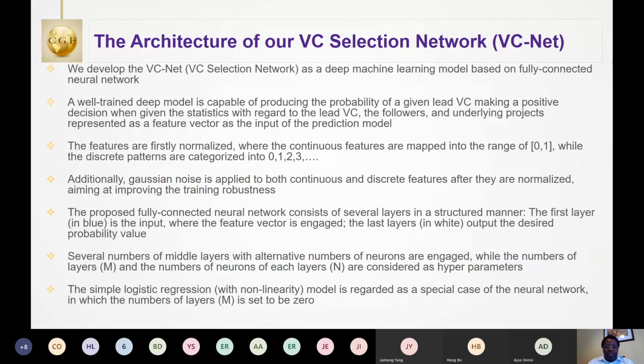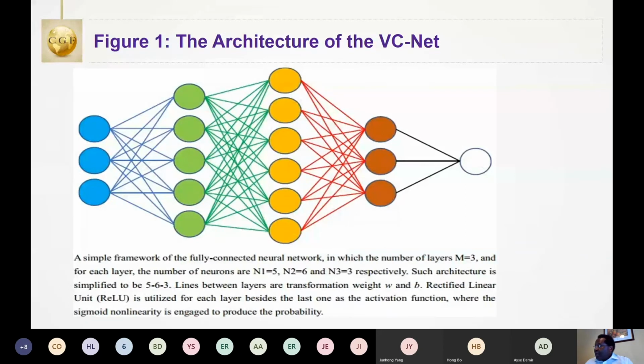The proposed fully connected neural network consists of a number of layers in a structured manner, the first layer and then the last layer, which are connected and interpreted. If I could highlight, you have something like this. The architecture of our VC selection network, VCNet, is structured in this way.